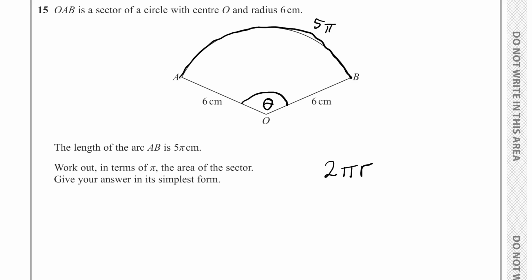So what fraction of the whole circle do we have? We've got theta degrees out of 360. So some fraction, theta is like an unknown. We could just use x. I'll use x. So let's change that to x.